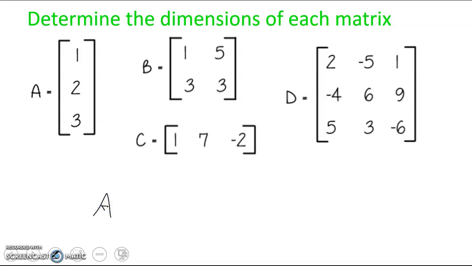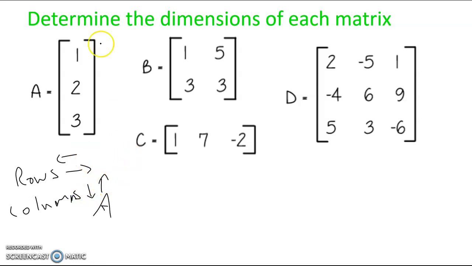We look at this, we have numbers 1, 2, and 3. If you look here, you have one thing going up and down. Again, the rows are the things that go from left to right, and columns are up and down. So A has only one column, but it has 3 things inside of it.